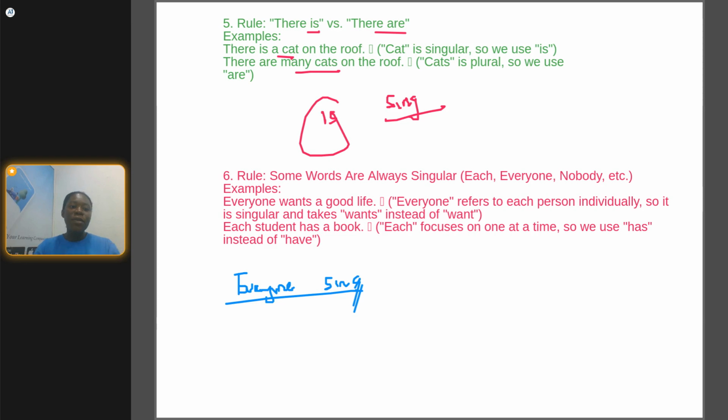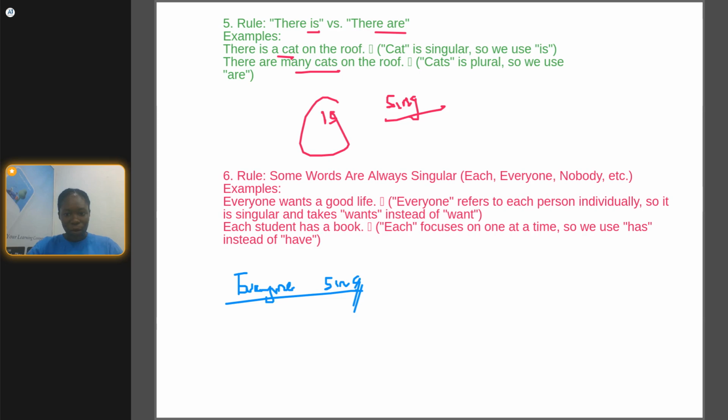Nobody is referring to singular. Somebody referring to singular. So when you find the singular, you know that the verb that should follow should match it. You're not using a verb that will contradict it. So each person is, each person has, not have. Each person wants with S, not without S. That's what this rule basically means.